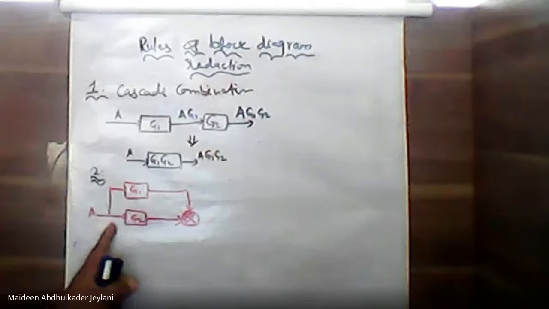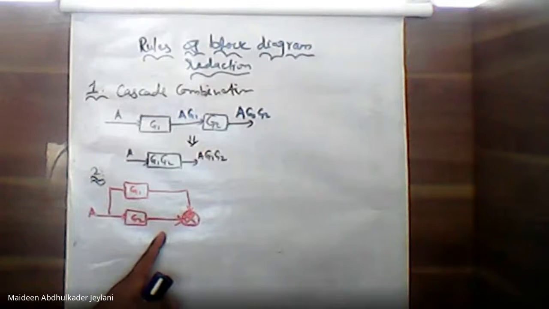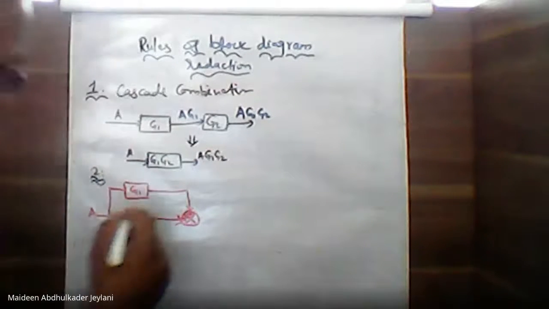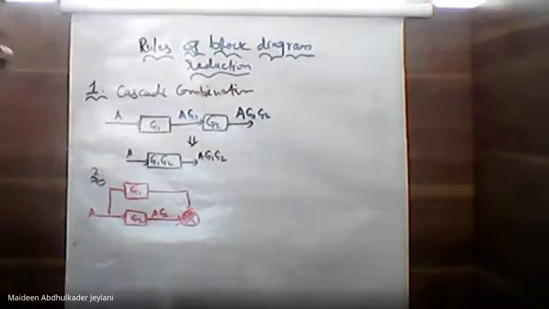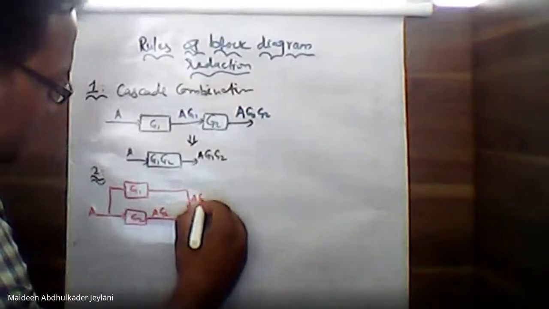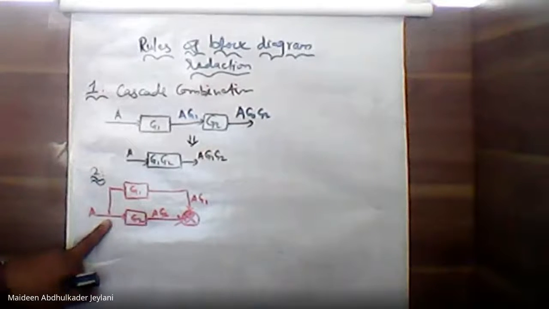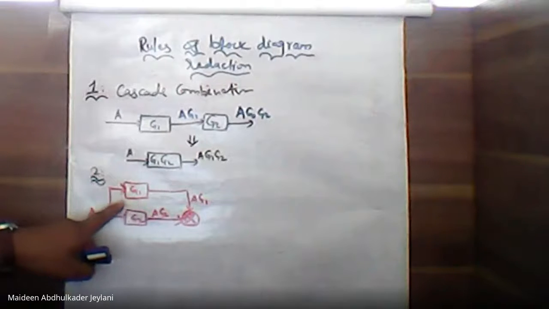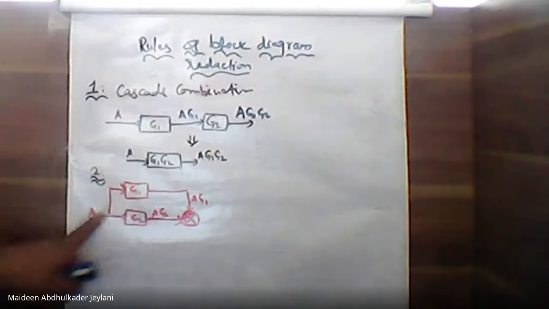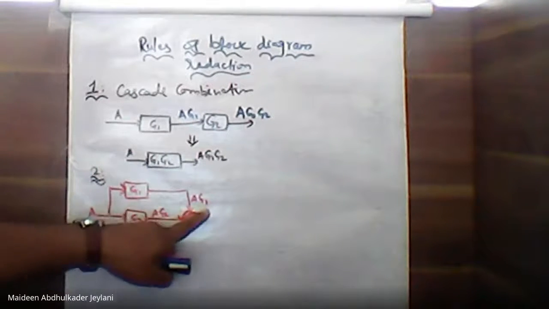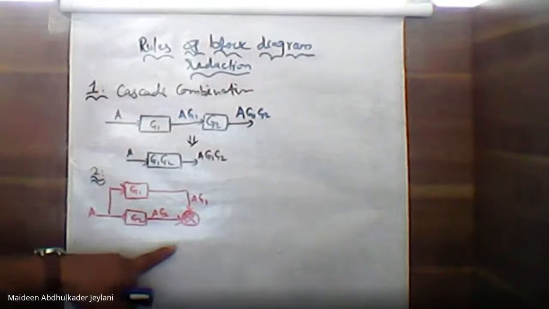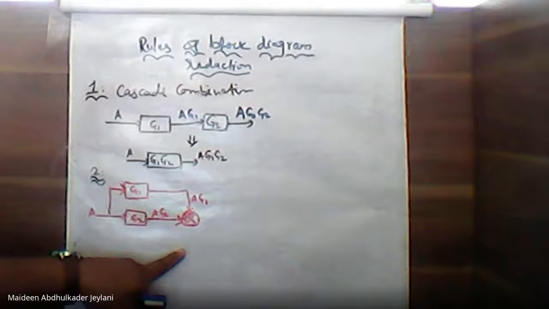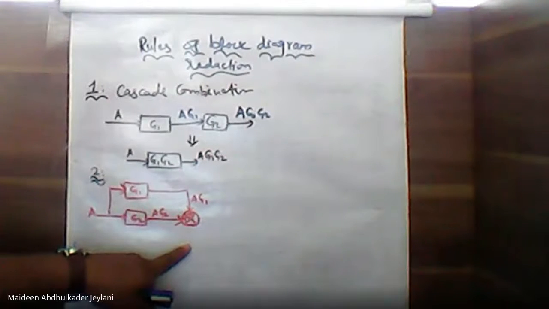So what should be the output from G2? It is A into G2. Am I right? But here the output is A into G1. The same A is given as an input to G1. So the output of G1 is the product of input A and system gain, AG1, and here A into G2, AG2. These two inputs are given to your summing point or comparator or detector.